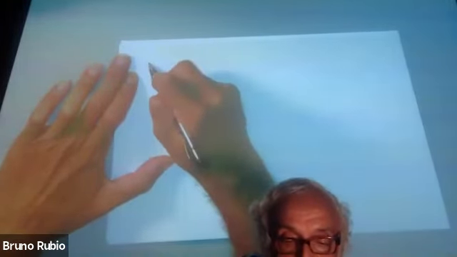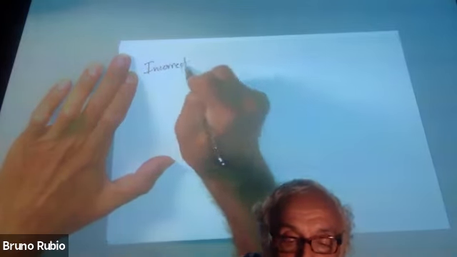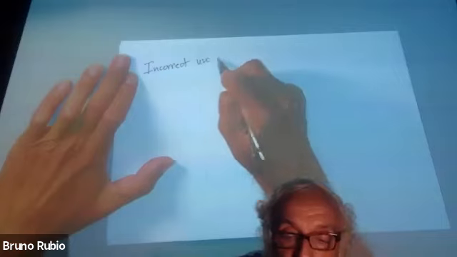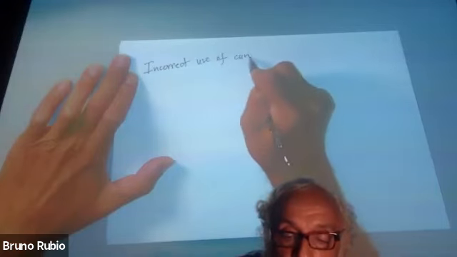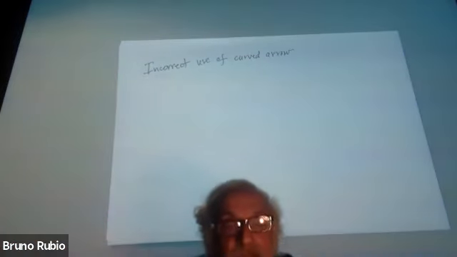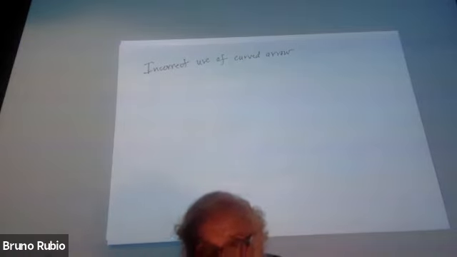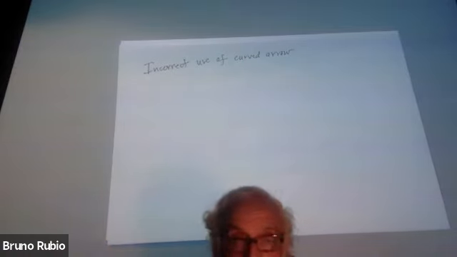Okay, so, incorrect use of curved arrows. And if you draw the arrow backwards, if it should be going this way, but you write it the other way, that's points off on the final exam. I'm going to take points off for that.